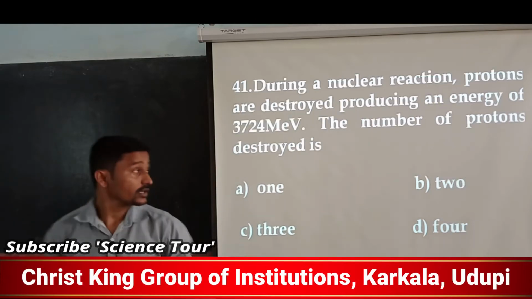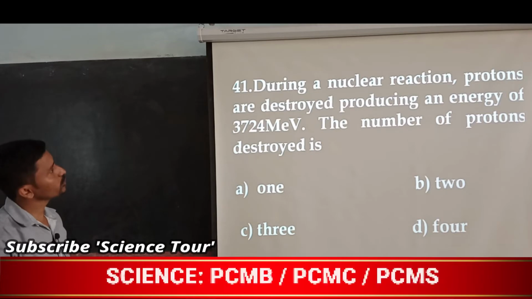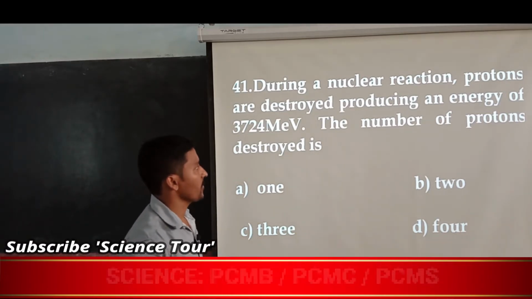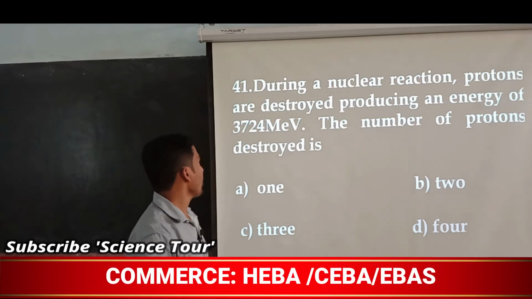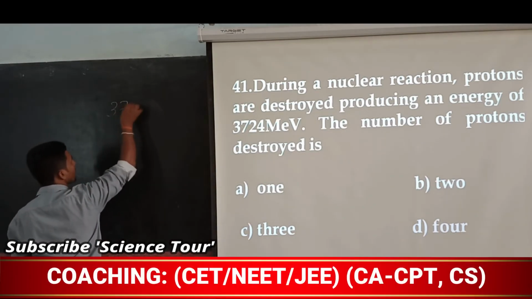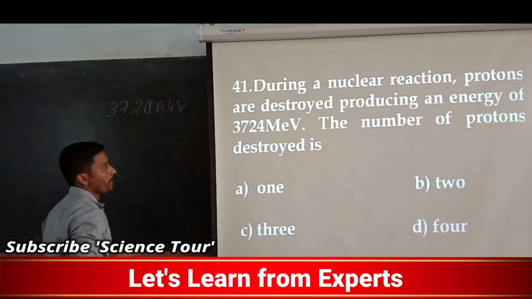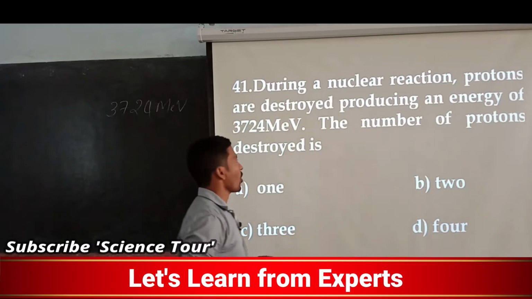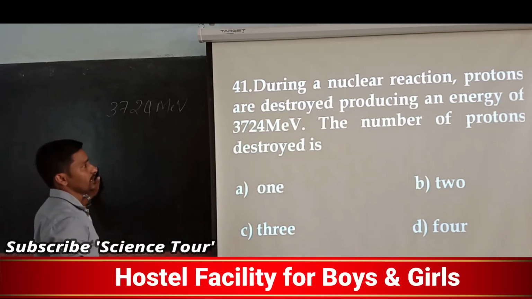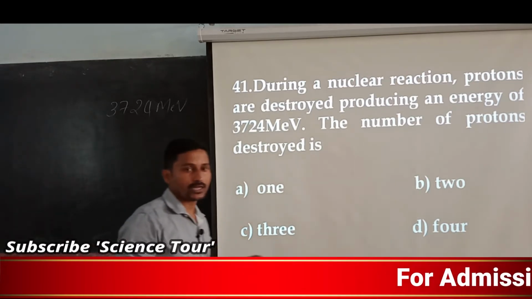By saying this, we move to the next question, that is nothing but: during a nuclear reaction, protons are destroyed, producing an energy of 3724 MeV. The number of protons destroyed is... The energy is written in MeV, isn't it? You must know the mass of the proton.